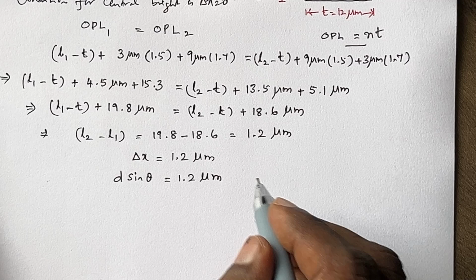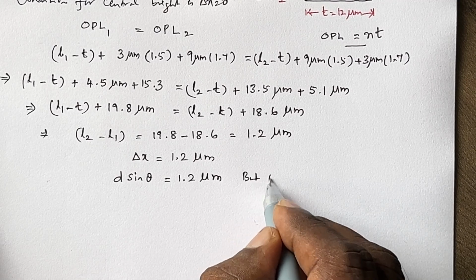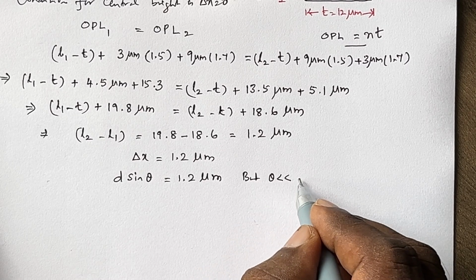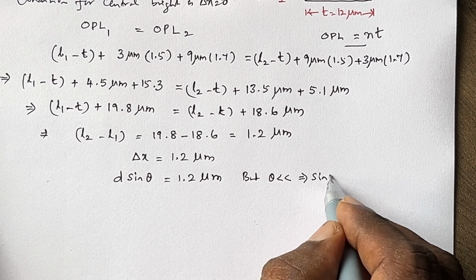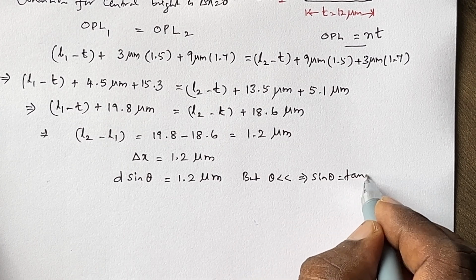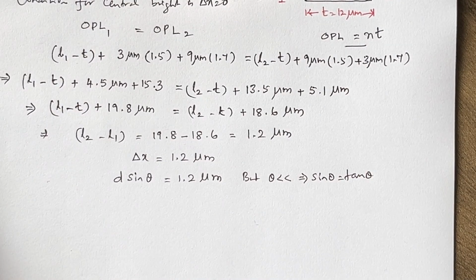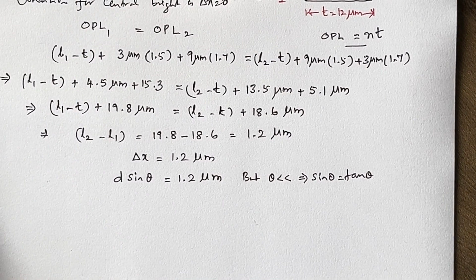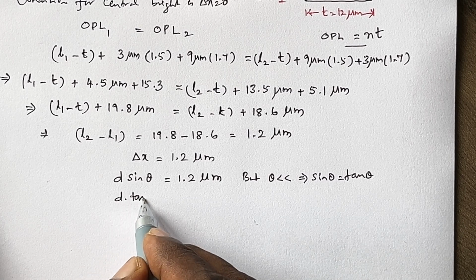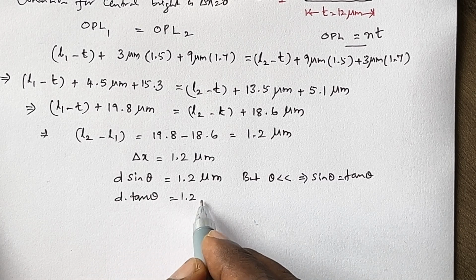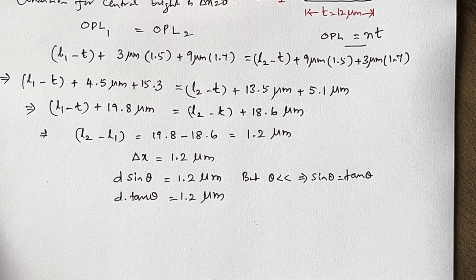But theta is very much less. So what we can write? Sin theta is equal to tan theta, because for sin theta we don't know the hypotenuse value, so tan theta I have taken. So D tan theta is equal to 1.2 micrometer.